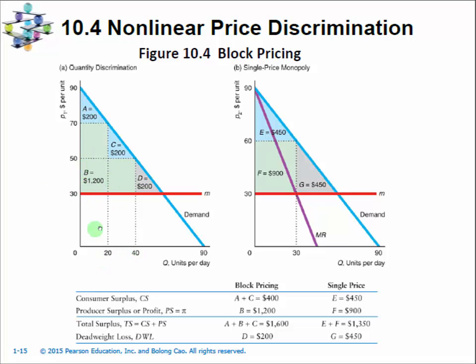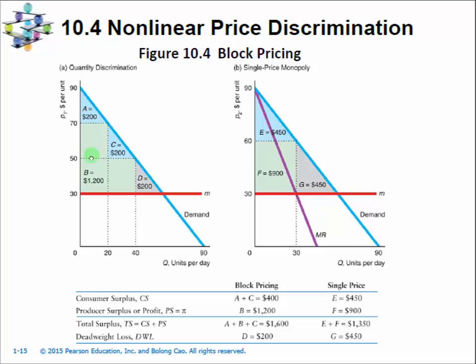So the total expenditure is 1,400 plus 1,000, which is 2,400. The marginal cost for this firm is $30 per unit. Because it's a constant, we can also view it as the average variable cost. So the total variable cost here is 30 times 40, which is 1,200.